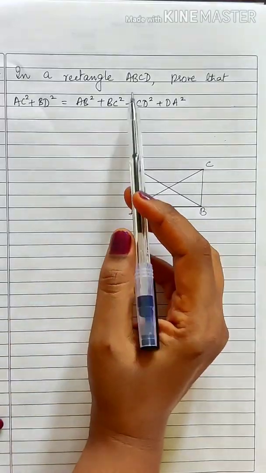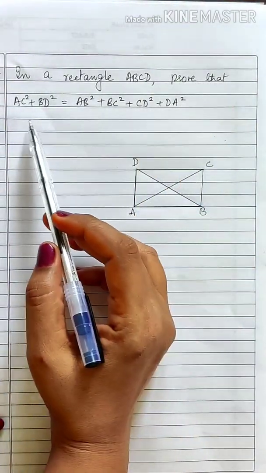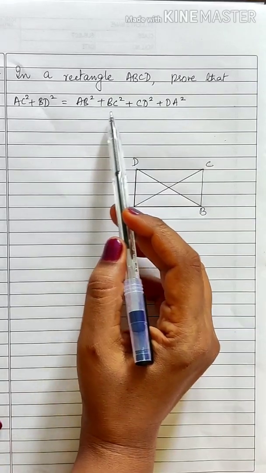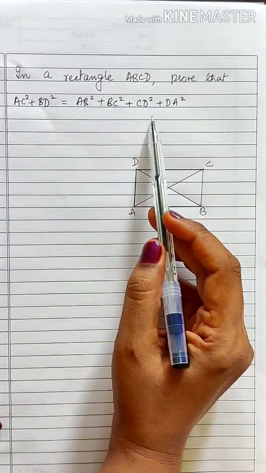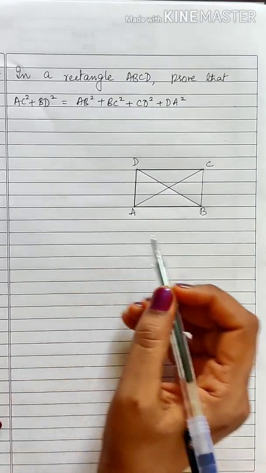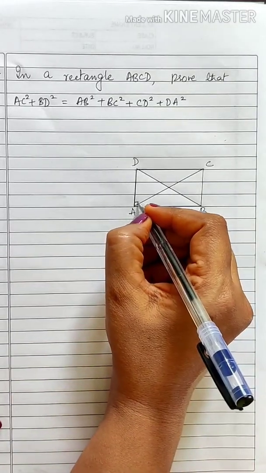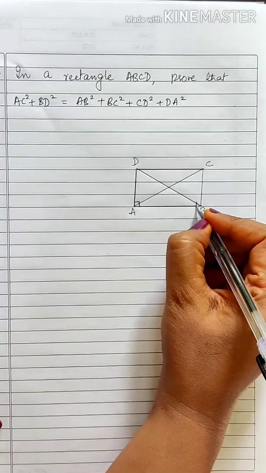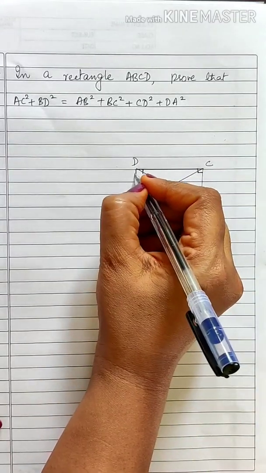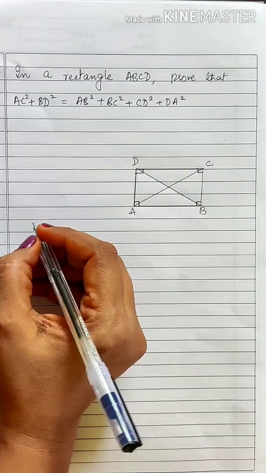In a rectangle ABCD, prove that AC square plus BD square is equal to AB square plus BC square plus CD square plus DA square. Now students, you know the property of a rectangle. Each angle in a rectangle is equal to 90 degrees and opposite sides are equal.